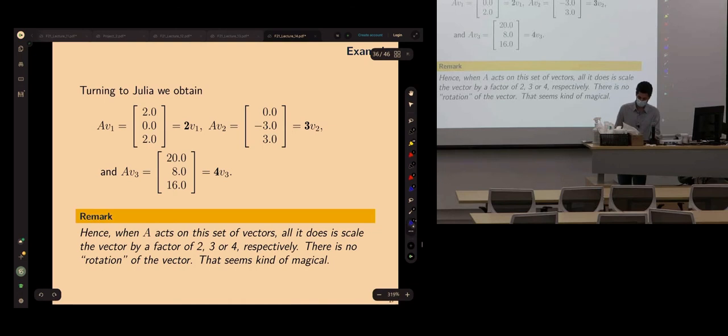So if this happens, then V is an eigenvector and lambda is your eigenvalue. If this special case holds, we call lambda the eigenvalue and V the eigenvector.